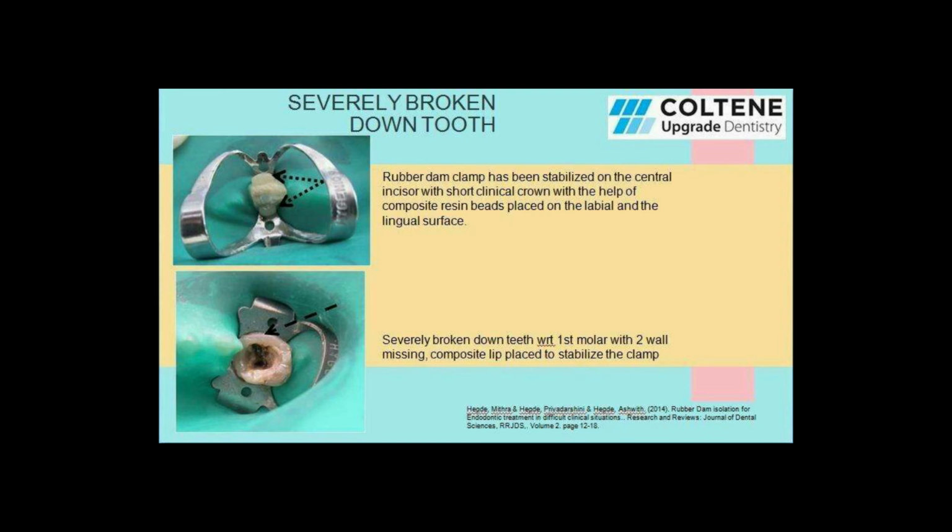So what was done is that composite beads were placed on the labial and the lingual side, which become areas where the clamp can be retained easily. The second or lower picture shows a severely broken down molar in which two walls were missing. So a composite pre-endo buildup was done, or a composite lip was made, which helps in retaining the rubber dam clamp in its place.